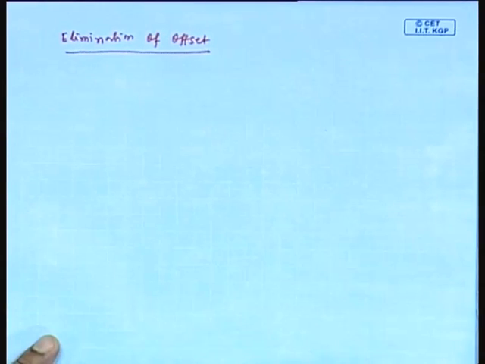What is offset? As mentioned earlier, offset is described as a steady state deviation of the controlled variable from set point.